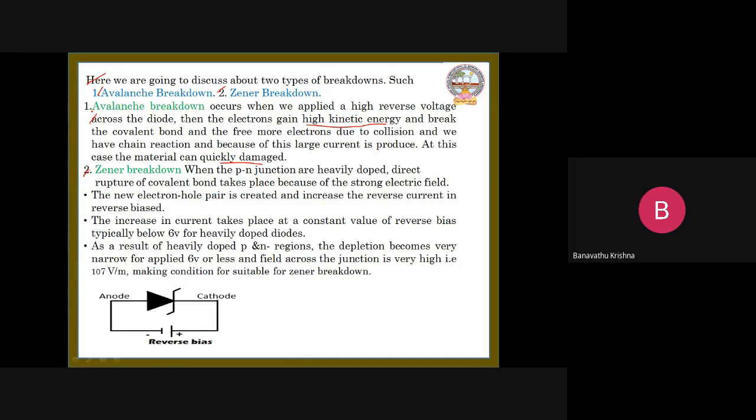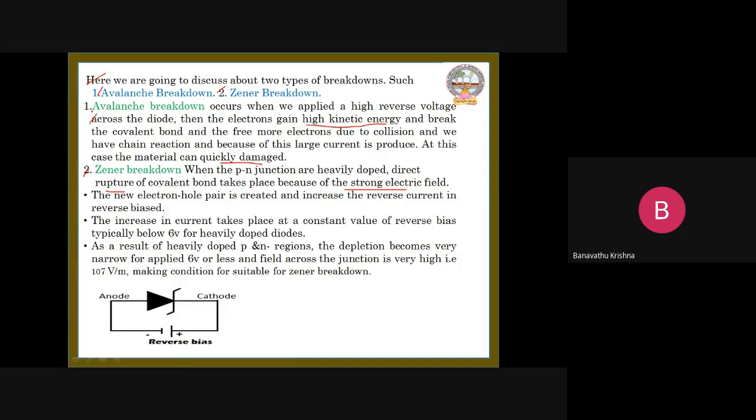And the second point is Zener breakdown. When the PN junction is heavily doped, a direct rupture of covalent bonds takes place because of the strong electric field. The strong electric field pulls the outermost orbit electron from the atom, so the number of charge carriers increases.